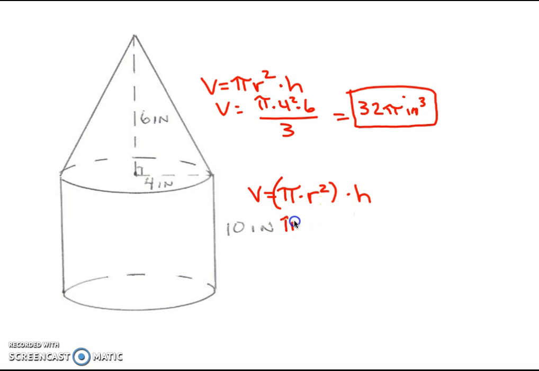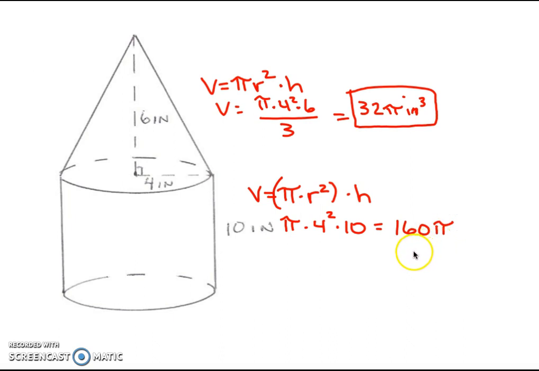So that's pi times, our radius is 4 squared, times our height. For that part I meant to put 10, so pi times 4 squared times 10. So that's 160 pi.